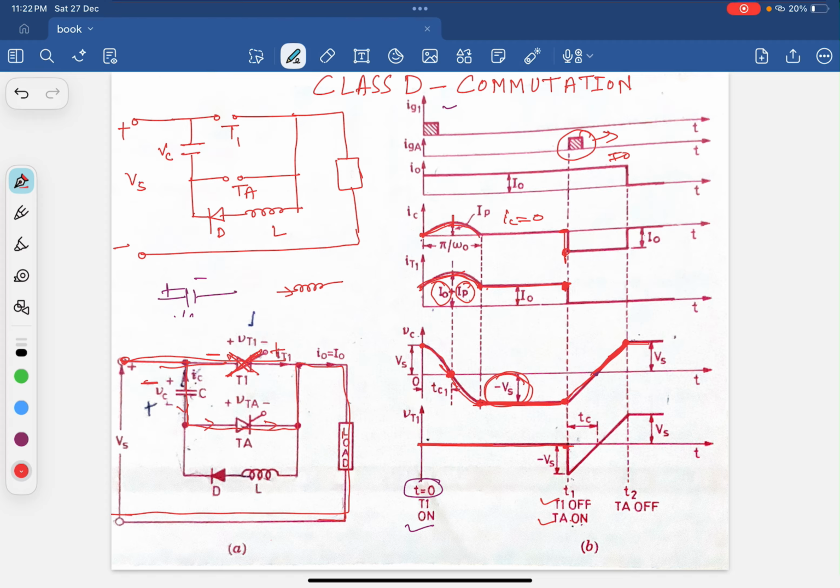Also if we look at the thyristor, the voltage across VT1 is minus Vs. This minus supply voltage has turned off the thyristor T1. You can see it recovers to voltage 0, then again rises to the supply voltage.